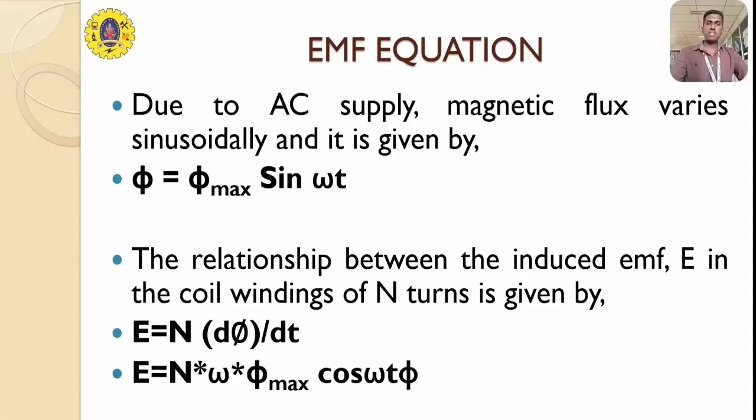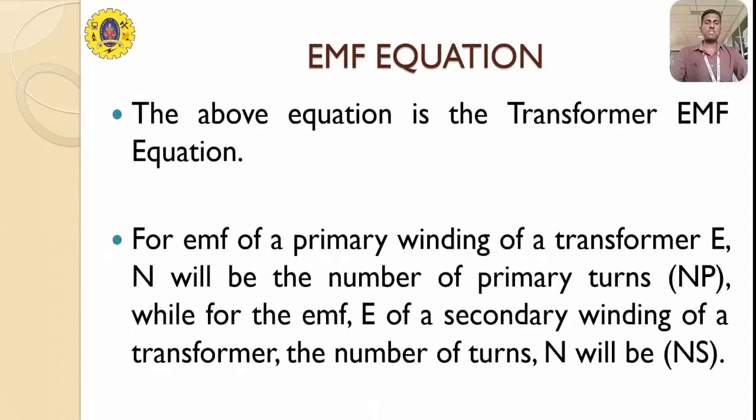E = N dφ/dt. So we differentiate φmax sin ωt, and finally you get E = N ω φmax cos ωt. So this is the EMF equation of a single phase transformer, right?